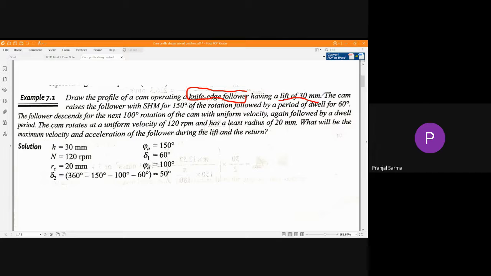This is another very important value. The cam raises the follower with SHM. Raises the follower means which stroke are we talking about? Right, the ascent stroke. So the ascent stroke is SHM, for 150 degrees of rotation. What is the ascent stroke angle?